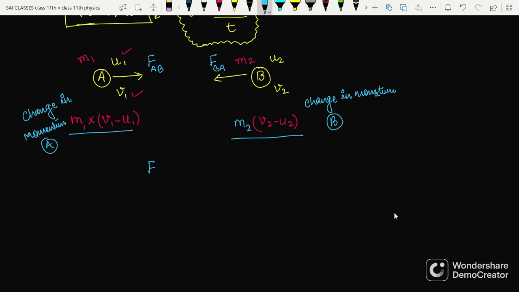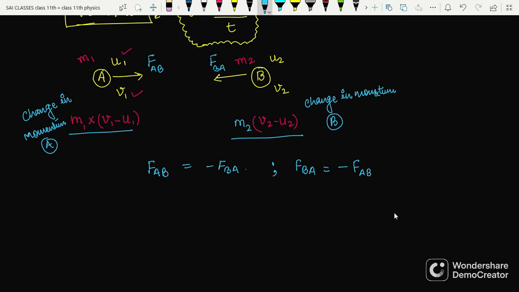So we can say F of AB equals minus F of BA, and vice versa, F of BA equals minus F of AB. The minus sign indicates that the direction is opposite.